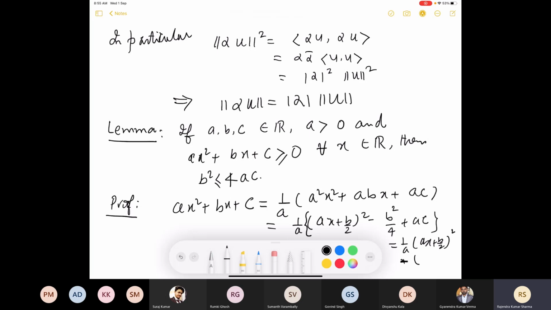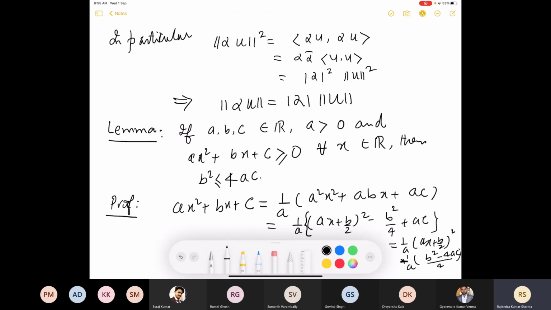So this is here 1 by a, and this is b square by 4 minus c. So this is b square minus 4ac by 4.